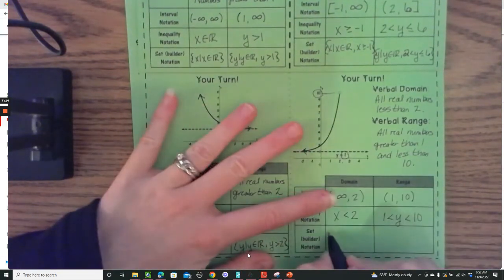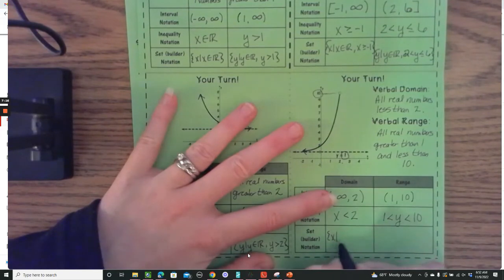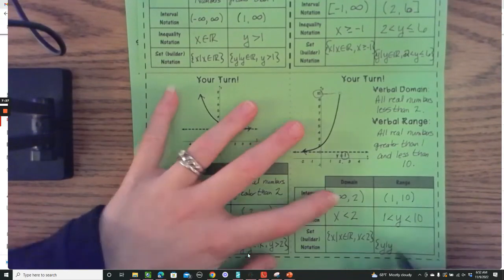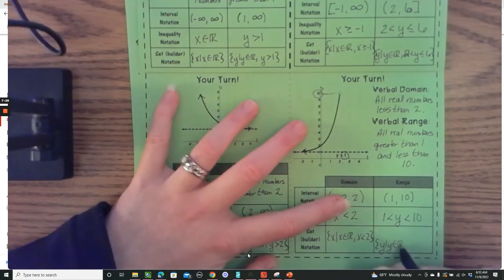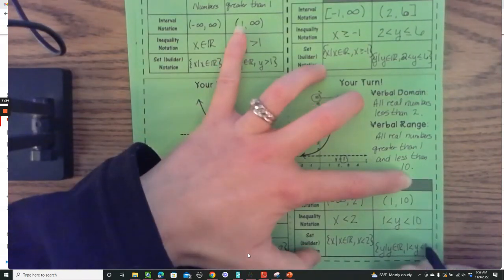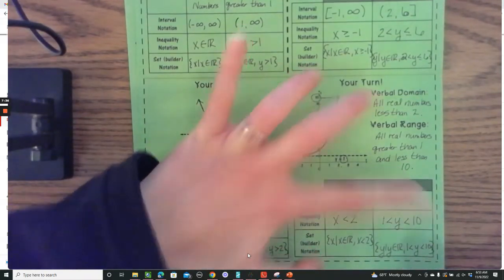And then in set notation, x is a member of the set of all real numbers where x is less than 2. And in the range, y is a member of the set of all real numbers where 1 is less than y is less than 10.